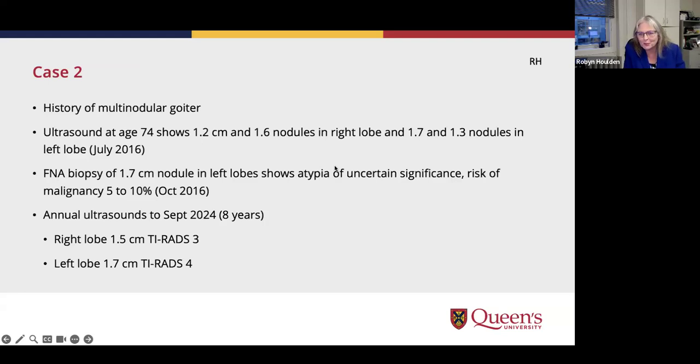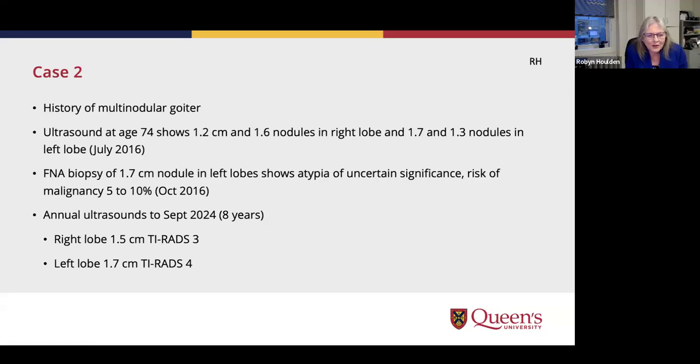If it's a 74-year-old with multiple comorbidities, limited life expectancy, maybe this isn't a priority. But this person's in good shape. So we see nodules in the right lobe, nodules in the left lobe. And this is back in an era where there wasn't TI-RADS reporting, so it was a little more challenging back then. It's a lot easier now. But based on the size of one of these nodules, I say, let's biopsy it. And we get that atypia category, the one we probably hate the most.